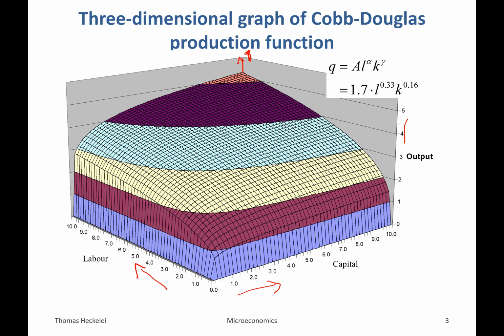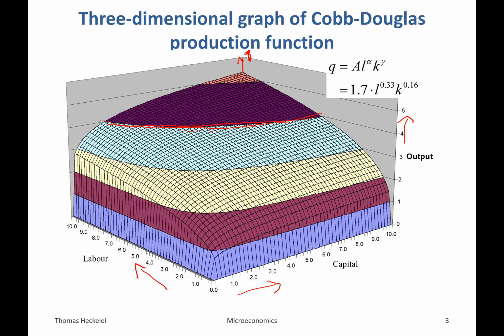So here's output, right? Imagine if you slice this cake at a certain height. Every point on this surface represents the same level of output. However, it can be produced with many different combinations of input.